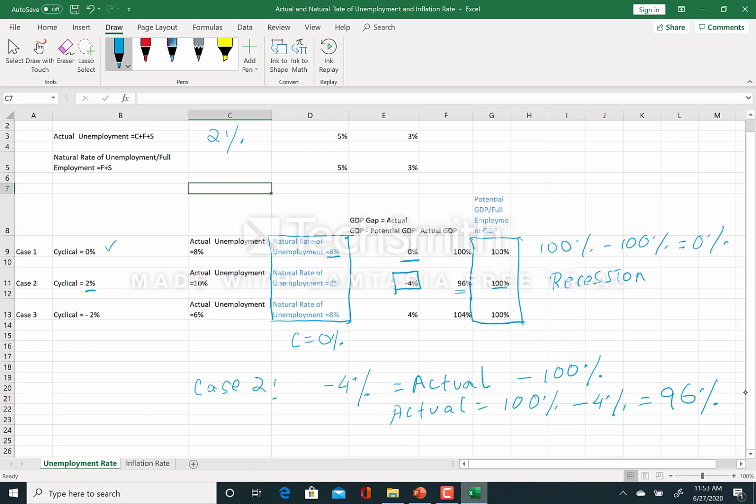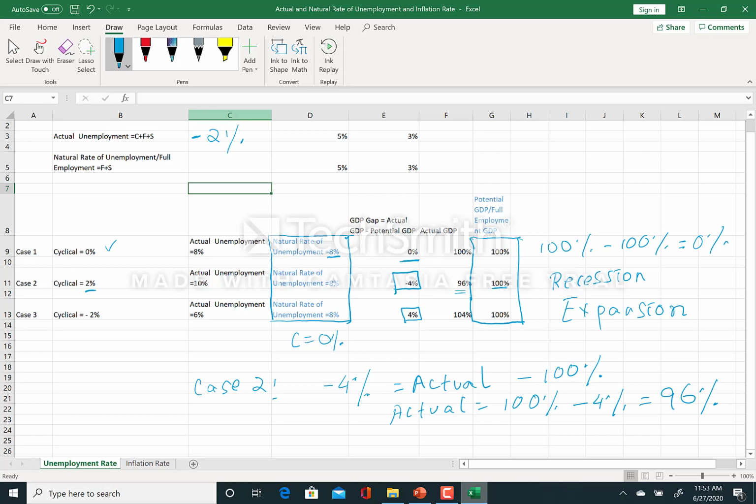Case number 3, instead of a positive, the cyclical unemployment is going down, and that's good news. We are in the expansion phase of the business cycle. When this is negative 2, this will be positive 4. That means we are producing more than potential gross domestic product.